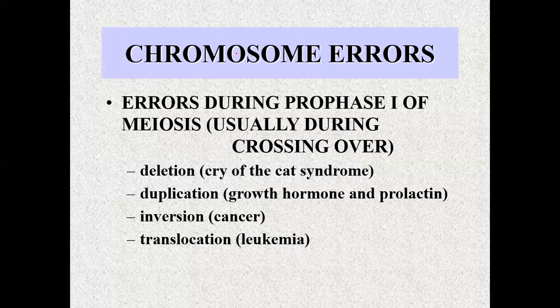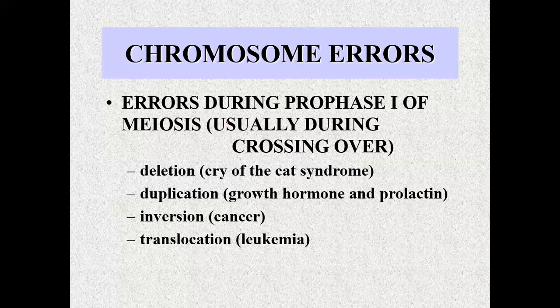And because of that, when he cries, he sounds like a crying cat, a very high pitched cat sound. So they called it cry of the cat syndrome. But that's not the only problem he'll have, though. He'll have serious organ defects, kidney problems, and all sorts of life-threatening complications that usually result in death. Most of the fatal complications that lead to death occur before the kid is even 1 year old.